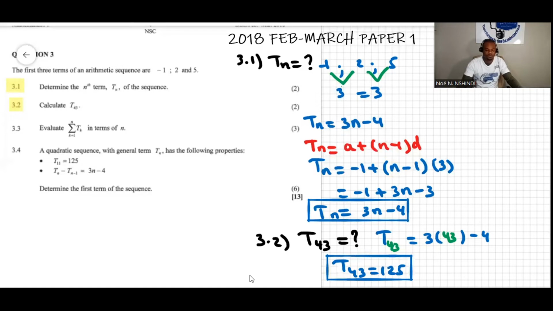And now the following question is: evaluate the sum of Tk, k starting from 1 to n, in terms of n. Now I'm going to move my board this way.